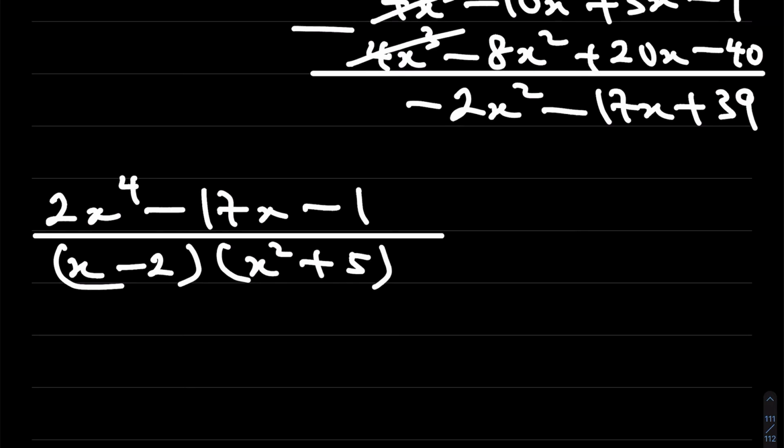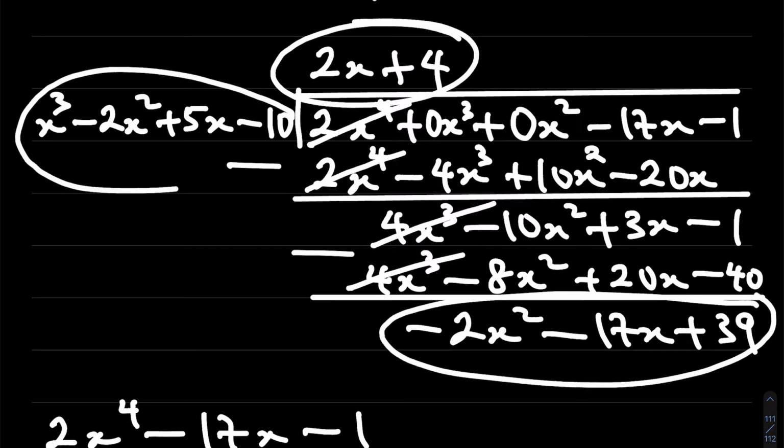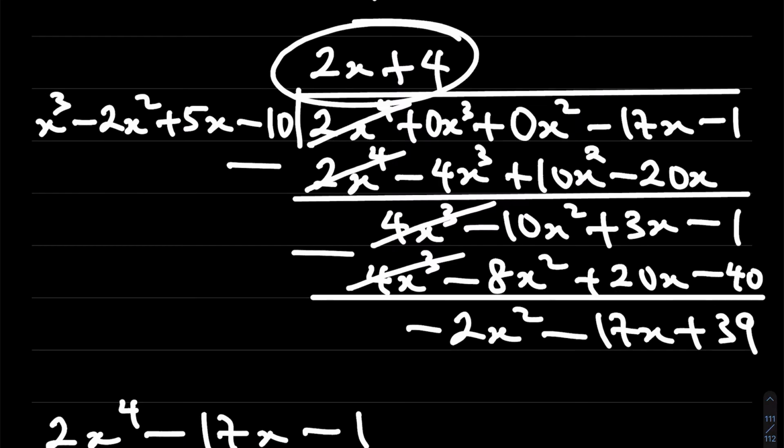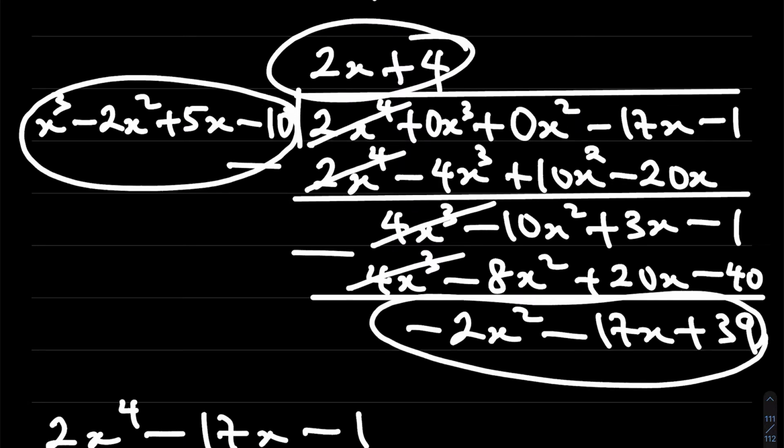So that's equal to, now when you're writing it, we write quotient plus remainder all over divisor.